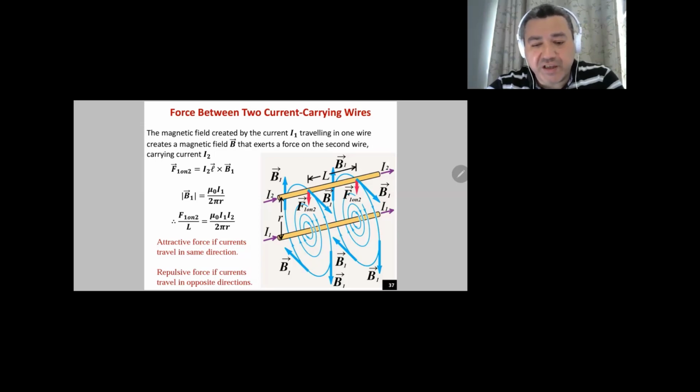L is the length of the wire that we are evaluating the magnetic force at. So you will always get the forces to be equal in magnitude, opposite in direction. However, both currents are contributing to this force, so it has I1 times I2. In all cases, even if the currents are not equal, they will be contributing to the same force.